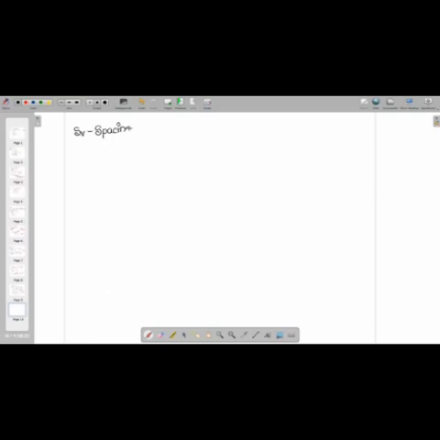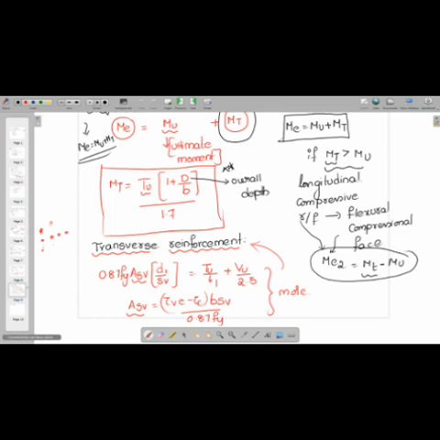Sir, in Me2, what is small t? This is moment due to torsion. Mt is known as moment due to torsion. Capital T or small t, both are the same, moment due to torsion.